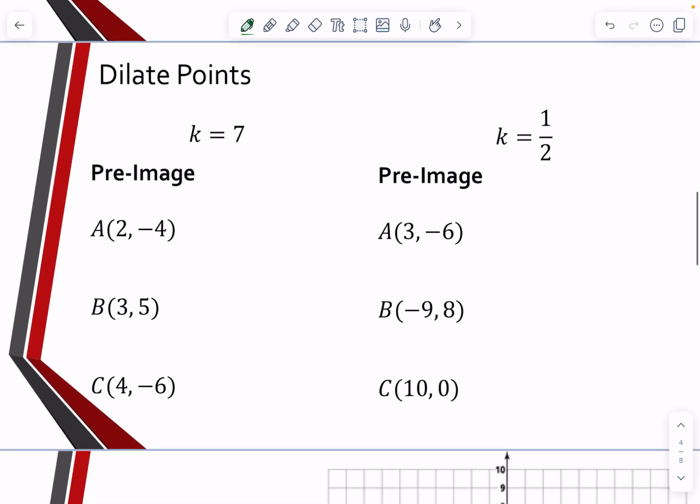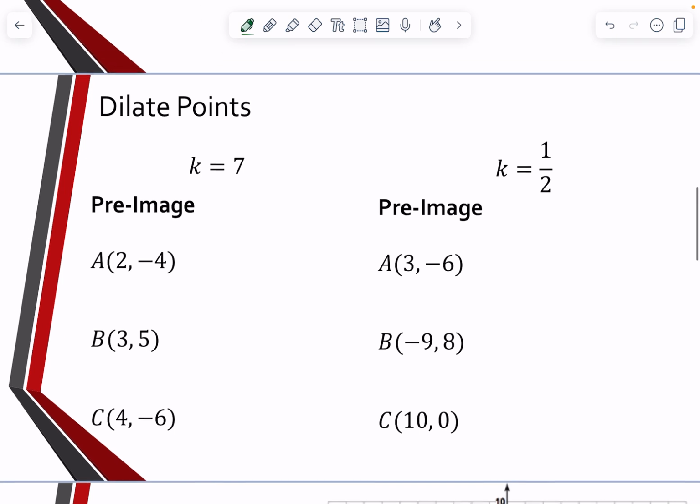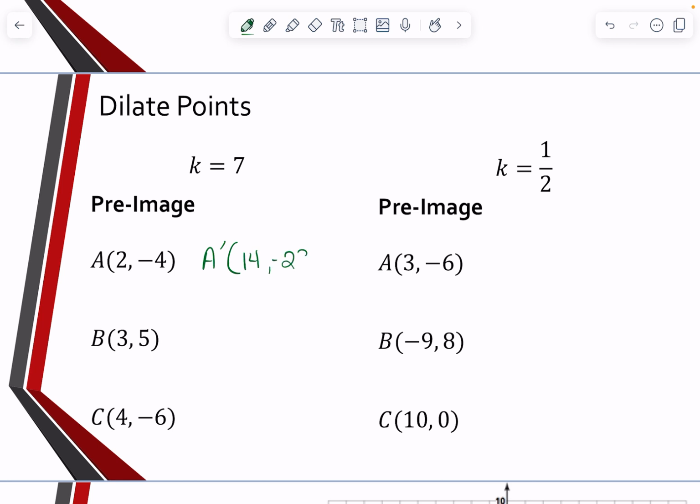Okay, so let's go through and let's figure out some points. So we're just going to practice this first. So if the pre-image A is at 2, -4, then A prime after this would be at 14, -28. We're just simply going to take the 7 and we're going to multiply it to both. B prime here would be at 3 times 7, which is 21, 5 times 7, which is 35.